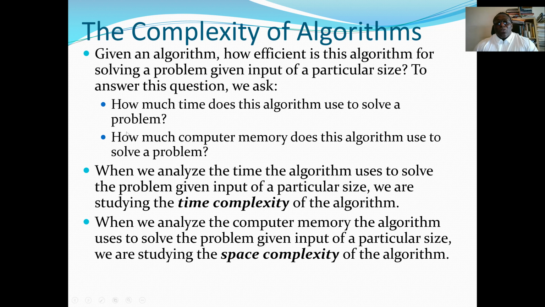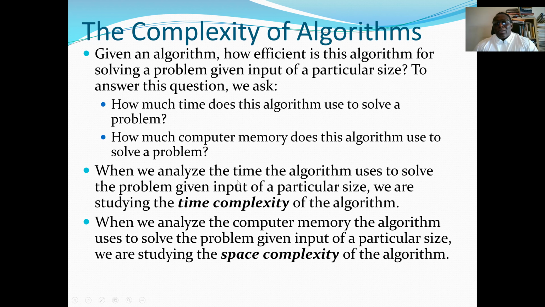To know how efficient the algorithm is, we have to measure the time: how much time does this algorithm use to solve a problem? We also have to know the memory size: how much computer memory does this algorithm use to solve a problem?